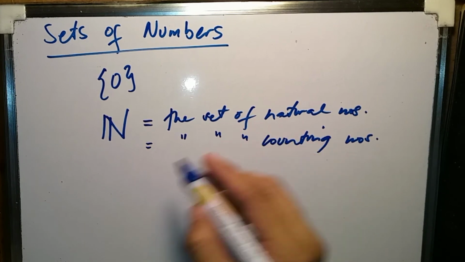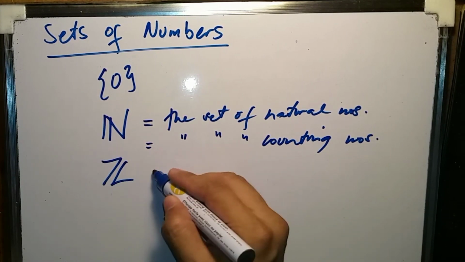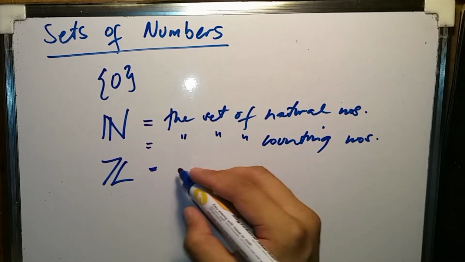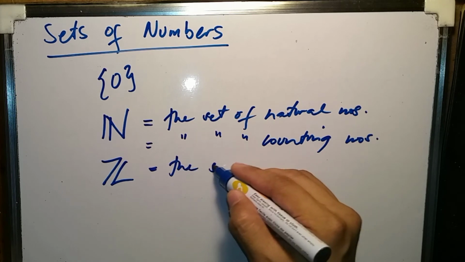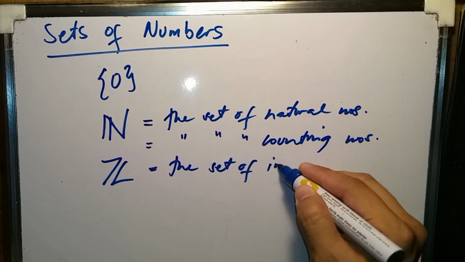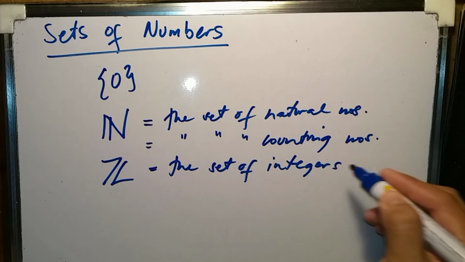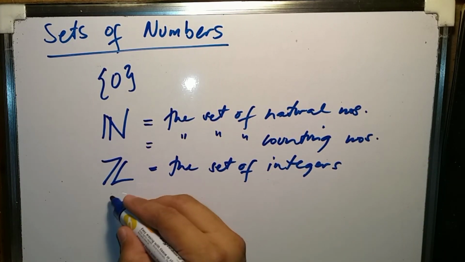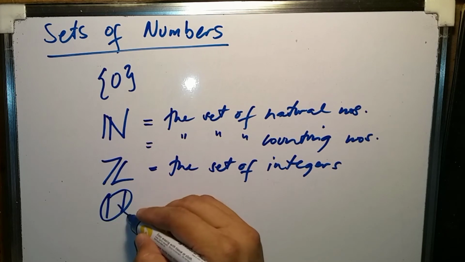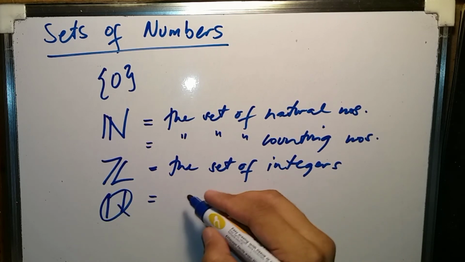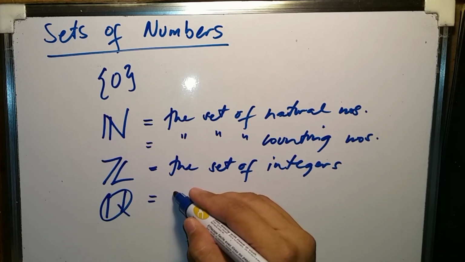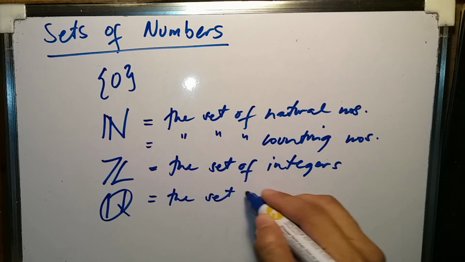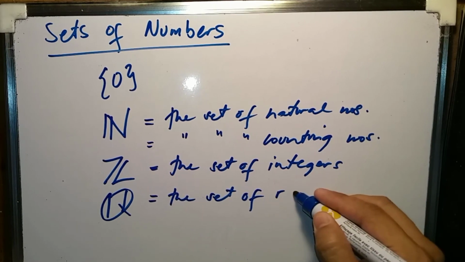Next we have Z. So Z is the set of integers. And then we also have Q. Q is the set of rational numbers.